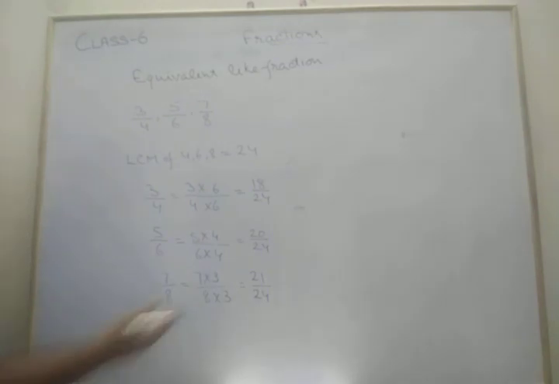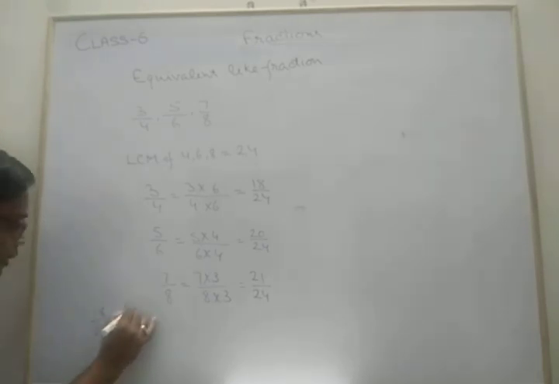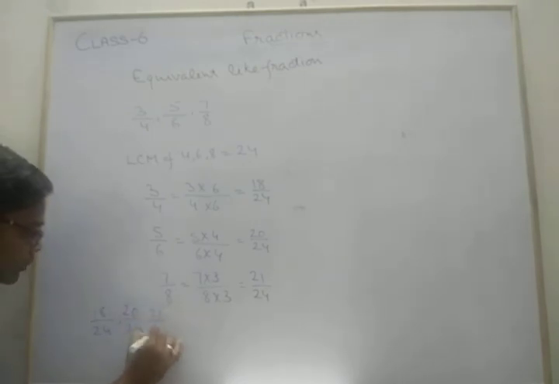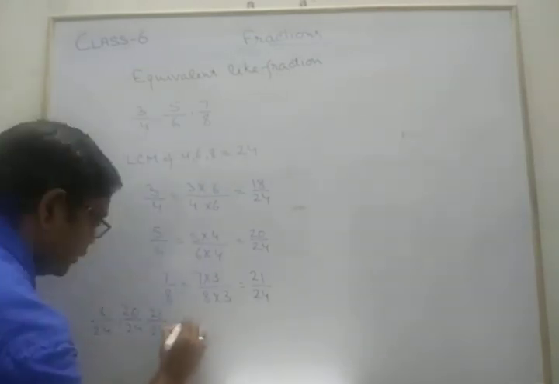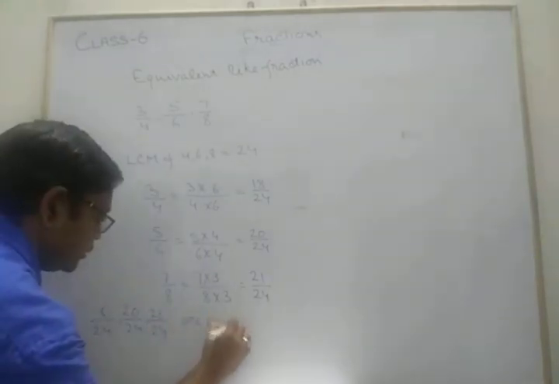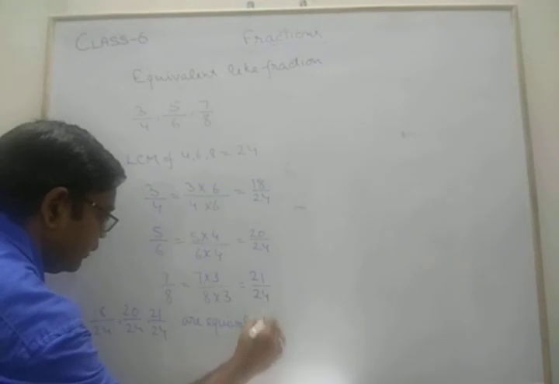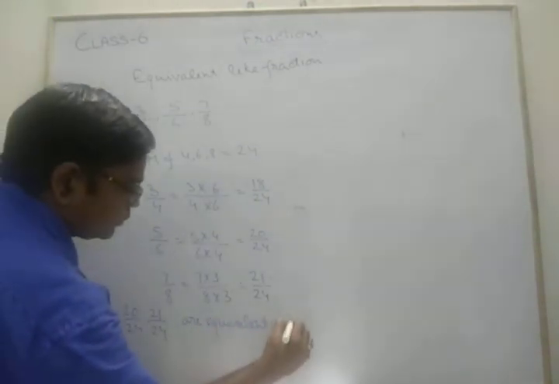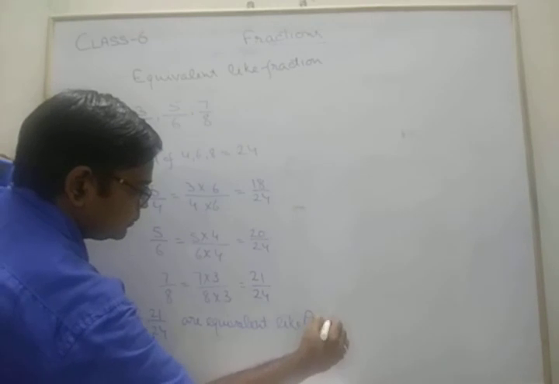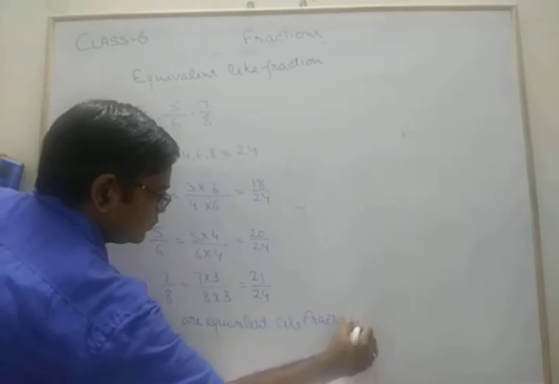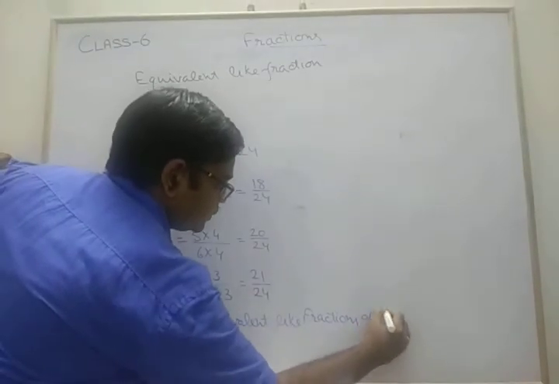There is not much space, so I am trying to write at this place. 18 upon 24, 20 upon 24, 21 upon 24 are equivalent like fractions of the given fractions.